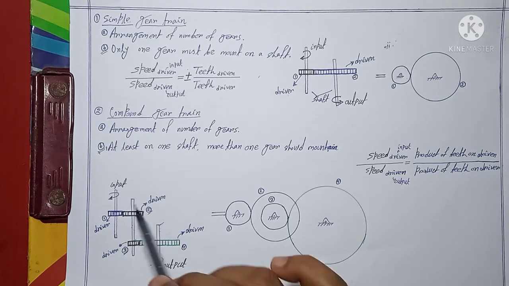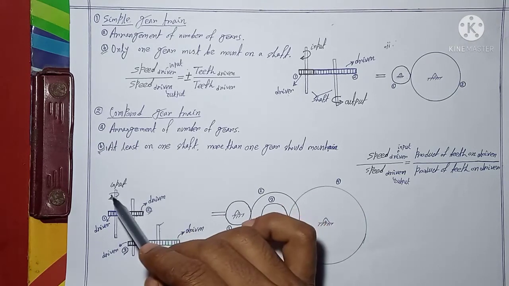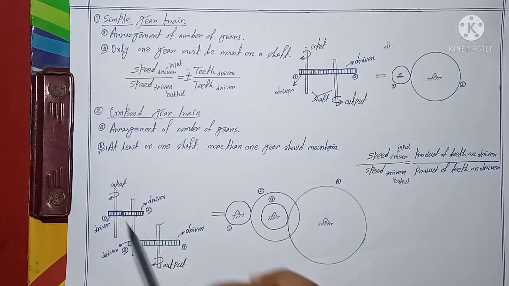Here, if we assume that input is given on shaft 1, then shaft number 3 provides us the output. As input is provided on shaft 1, the gear mounted on shaft 1 acts as a driver.